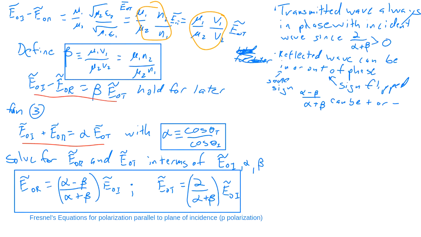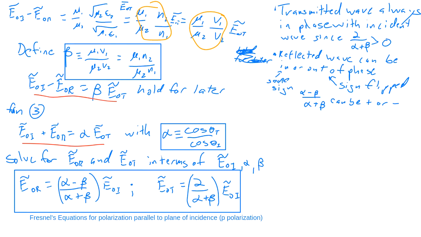So depending on both the properties of the material, basically the ratio of the indices of refraction and their mu's, and also the angle of incidence, we can get different things going on with the reflected wave. So that's one set of information right here.